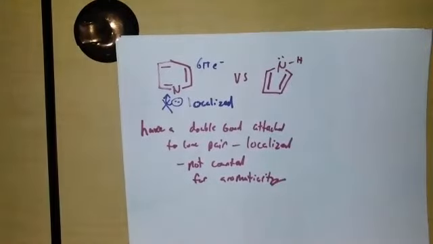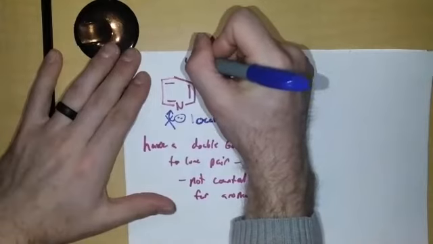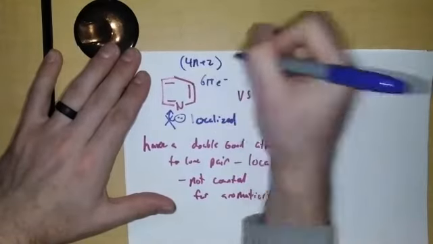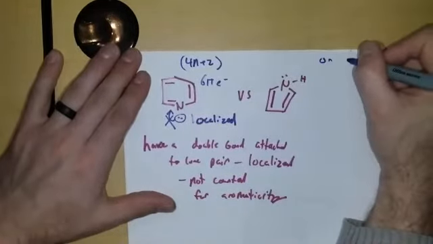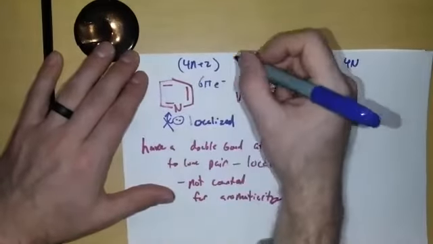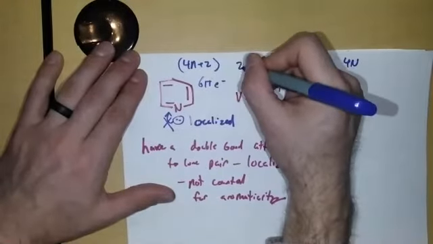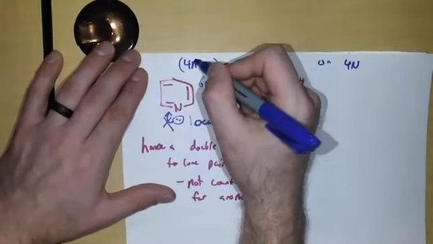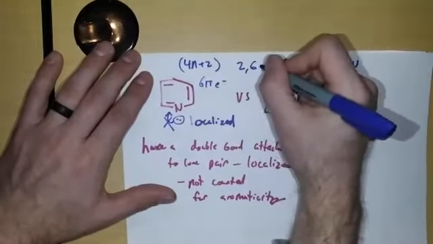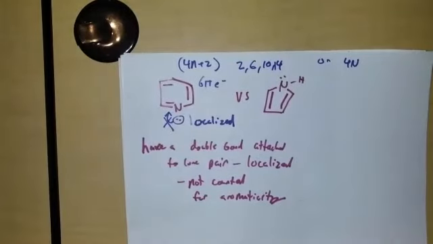Someone asked me to re-explain the 4n+2 thing. It's kind of just a grouping. You can fall into 2 categories, either 4n+2 or 4n. If n equals 0, then 0 times 4 plus 2 gives us 2. 1 times 4 plus 2 gives us 6, then 10, 14, etc. These are just numbers that will be aromatic.